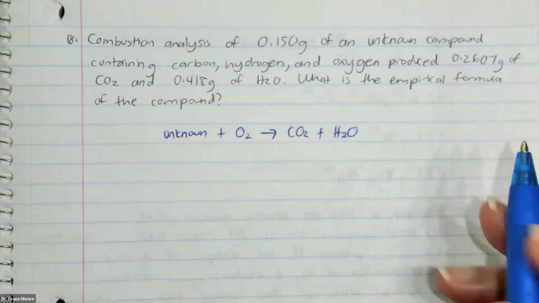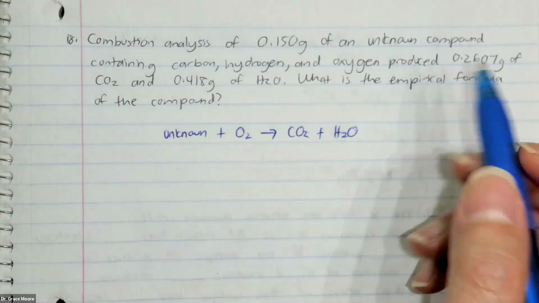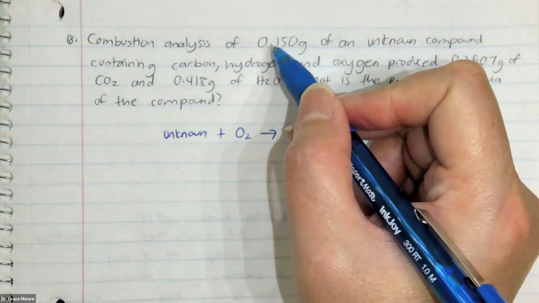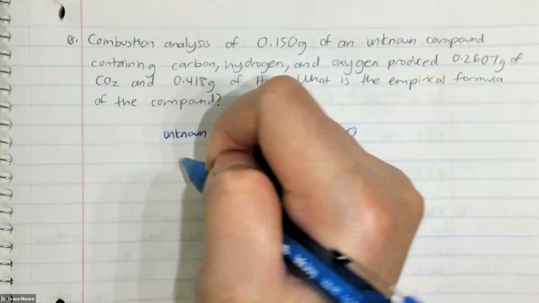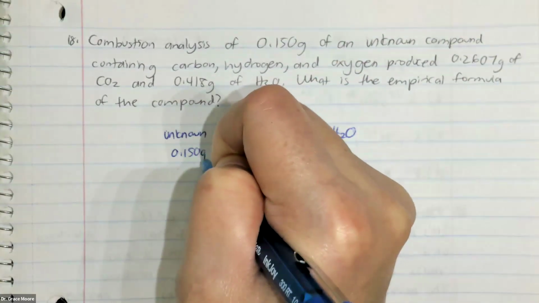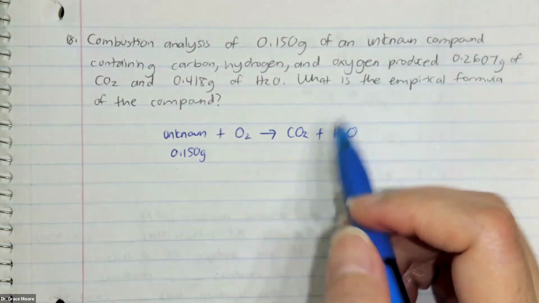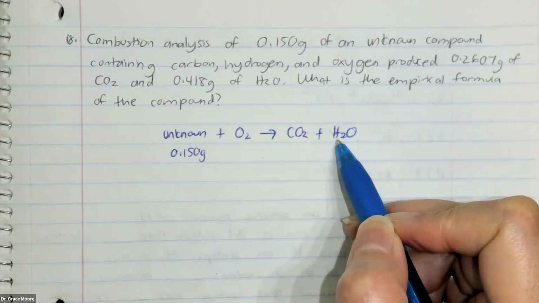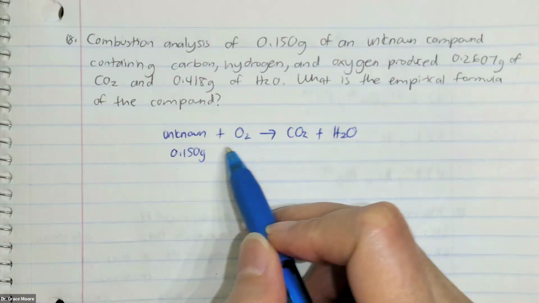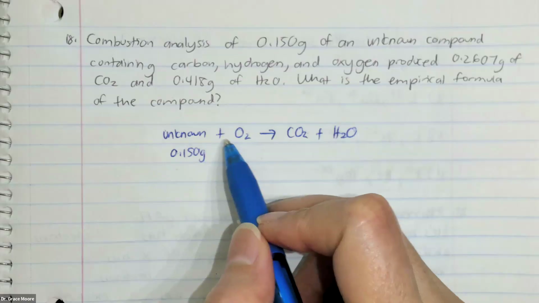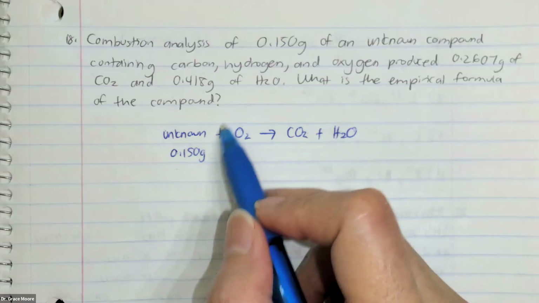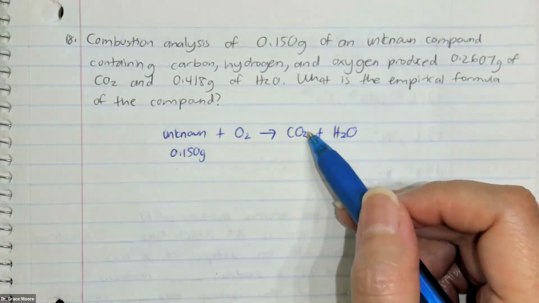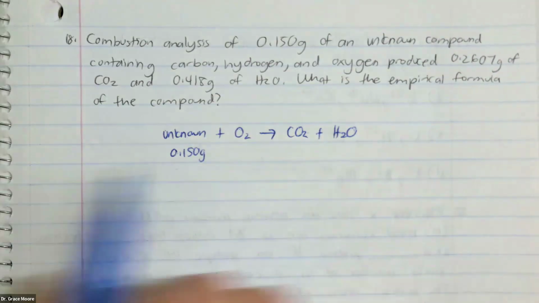So to do this, you would really need to find out, if I have a total of 0.15 grams of unknown, how much of that is grams of carbon? How much of that is grams of hydrogen? Then I would get how much of that is going to be oxygen, because this extra here is throwing things off. The oxygen count here is not going to be accurate.